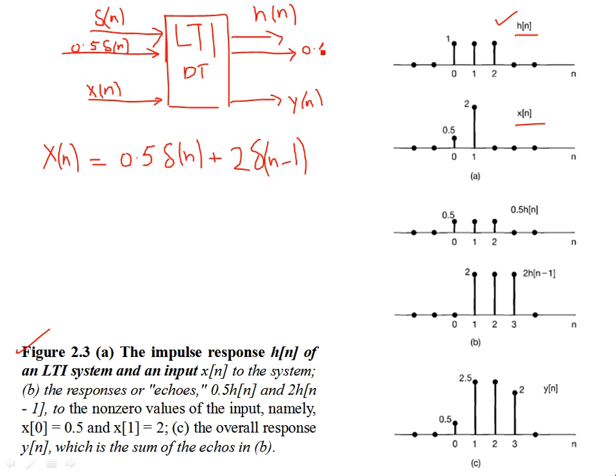So this will be 0.5 h of n, which means all the samples are halved.